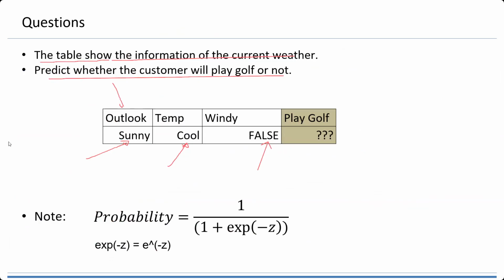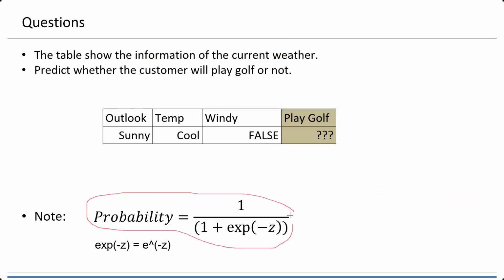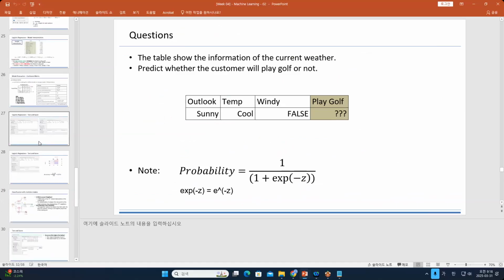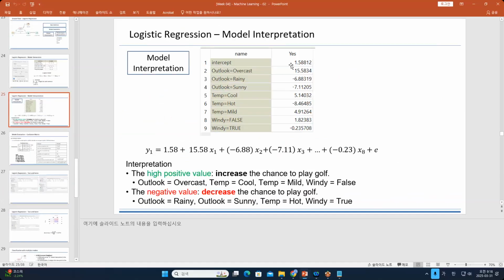So I give you one equation. This is the equation for the logistic regression. I hope you remember the logistic regression. This logistic regression is based on the formula from here. This is the logistic regression model.